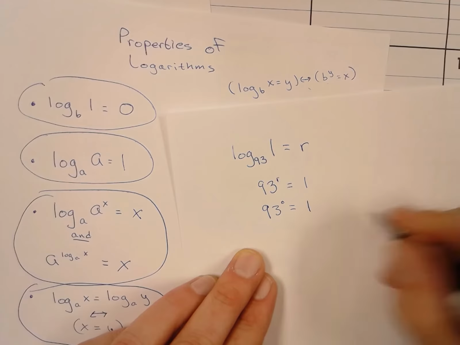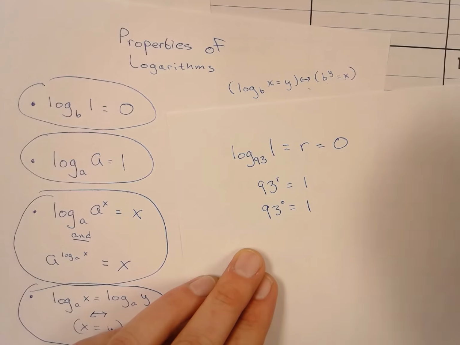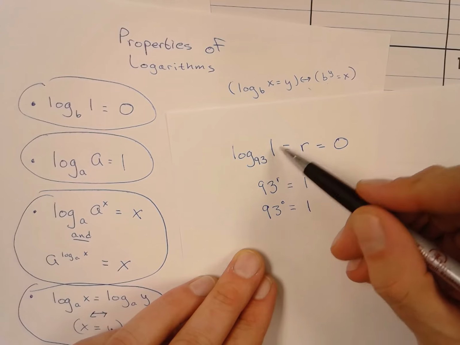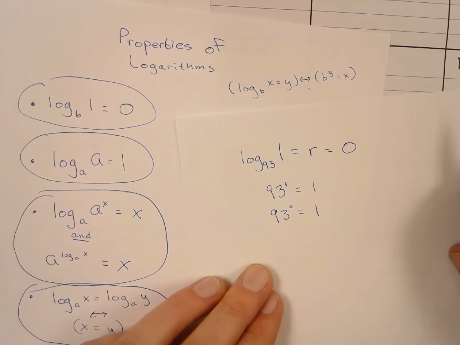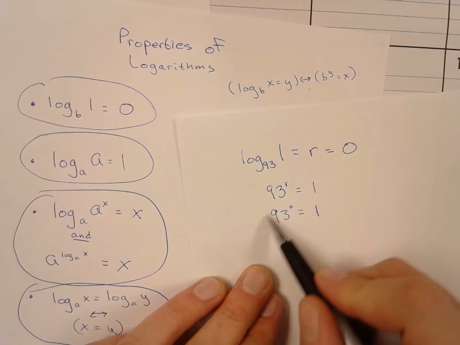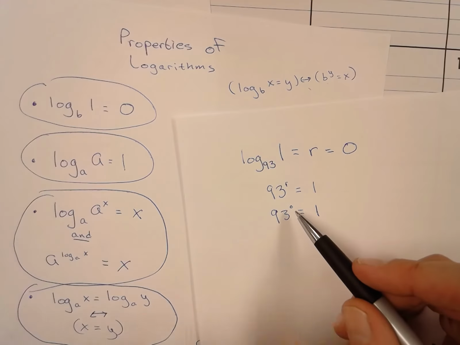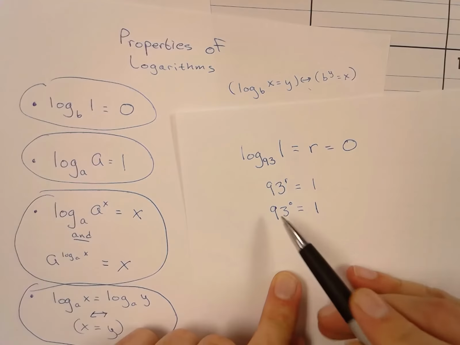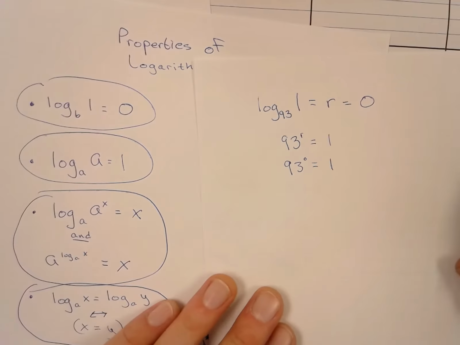So r equals 0. Any log, any base of 1 will always equal 0, because any non-zero number raised to the 0 power is always 1.